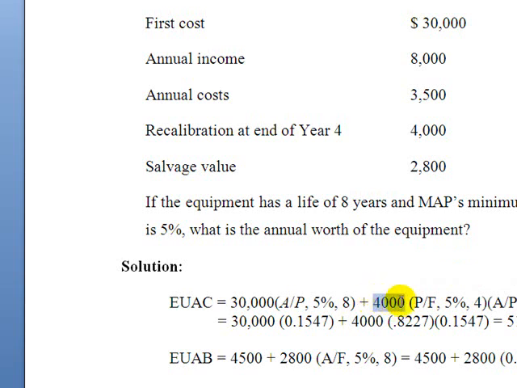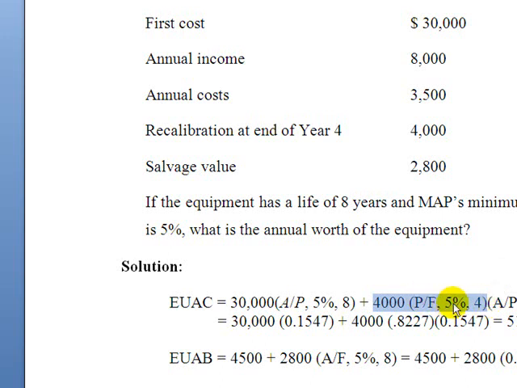So 4,000 is F, so P given F, right? Interest rate doesn't change, 5%, but N changes here. N is 4 because it's at the end of year 4, right? Based on that we can find the P value of 4,000, and once we have that value, it needs to be converted into its equivalent annual cash flow, and not for 4 years but for 8 years.